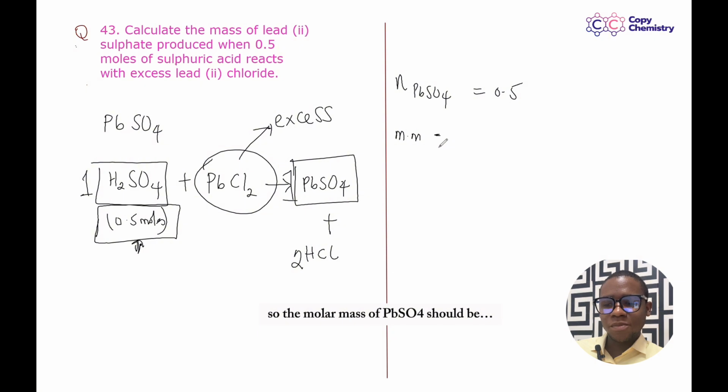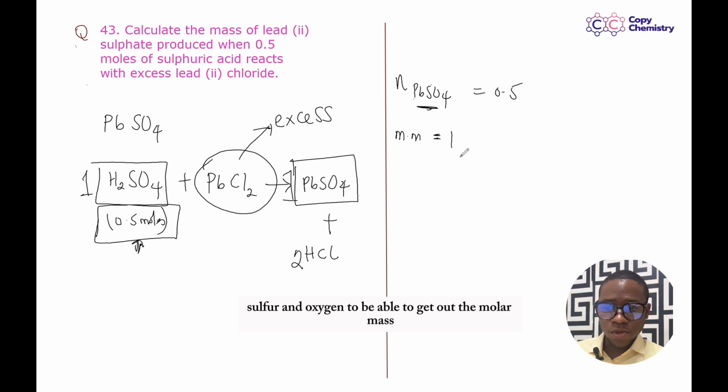So the molar mass of PbSO4 should be, let us work that out. You need to go to the periodic table to pick out the relative atomic masses of lead, sulfur, and oxygen to be able to get out the molar mass.